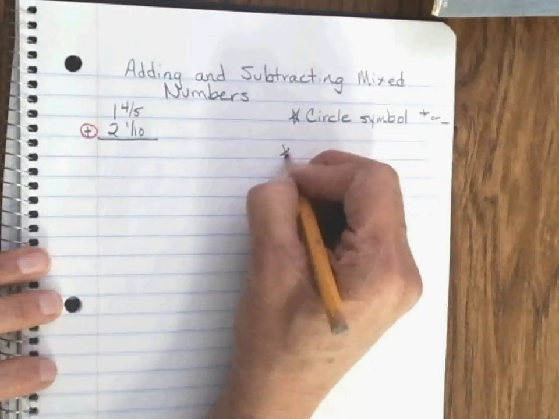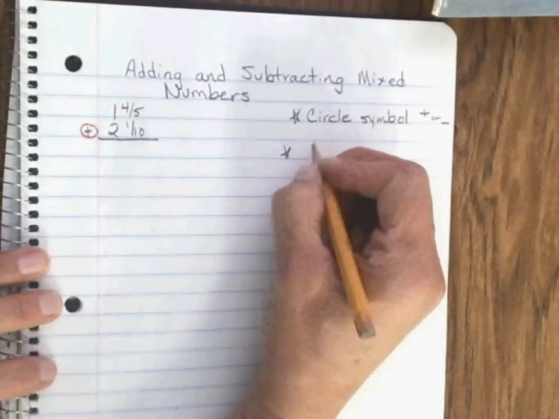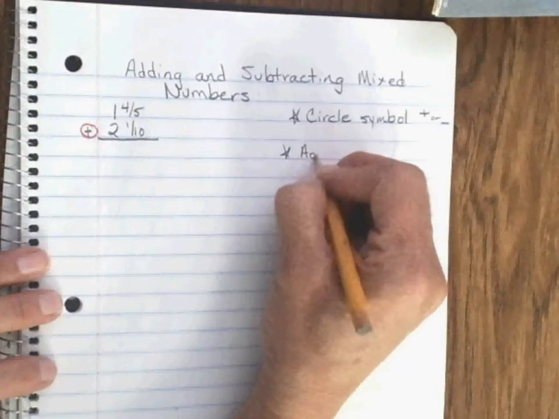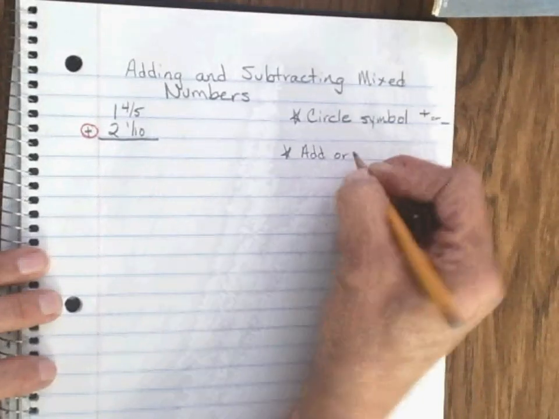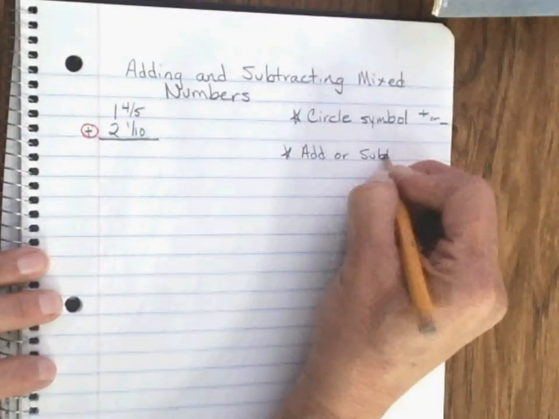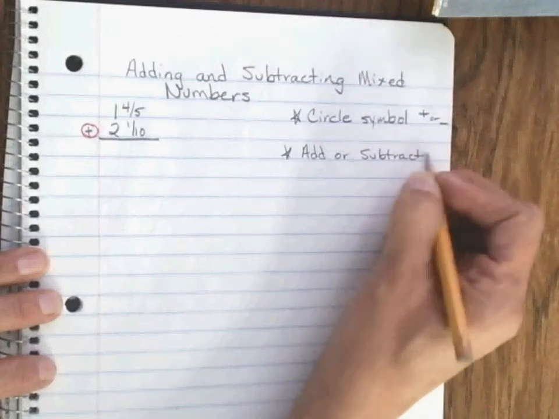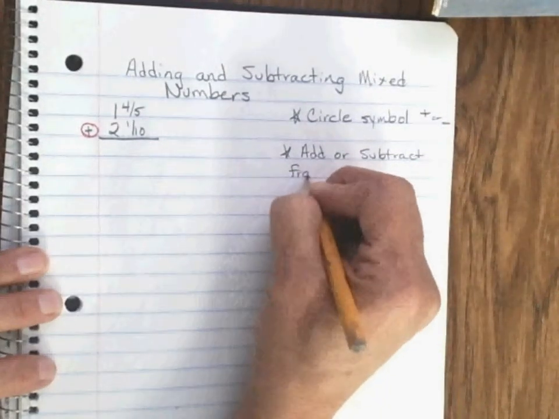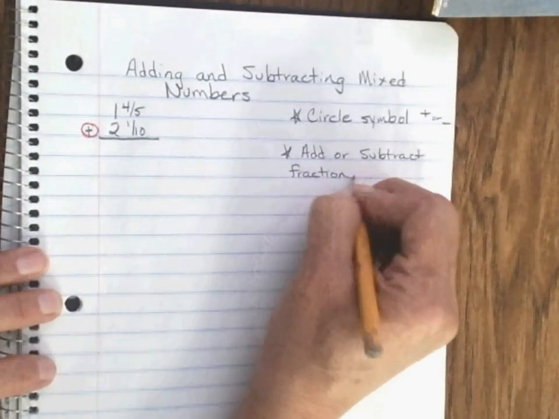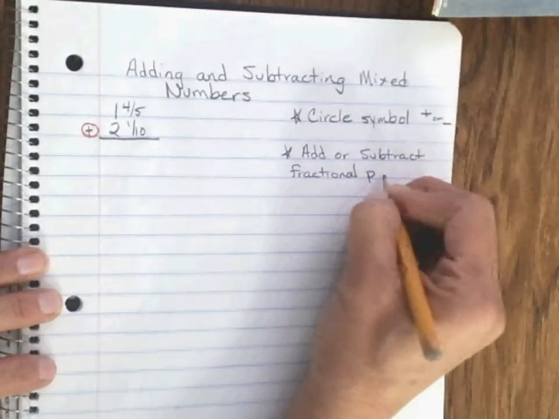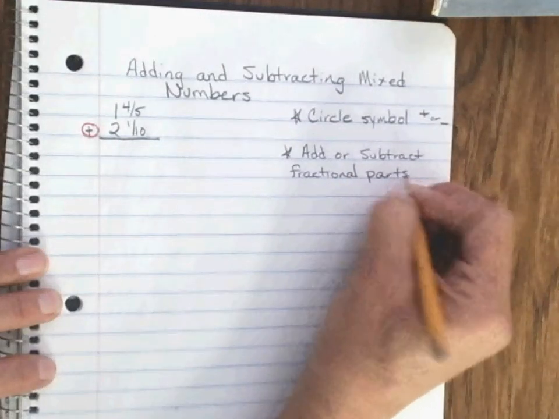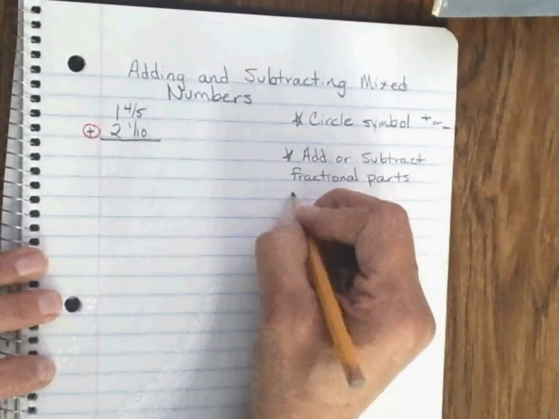Next, I want you to either add or subtract your fractional pieces, and you have to make sure you have common denominators.